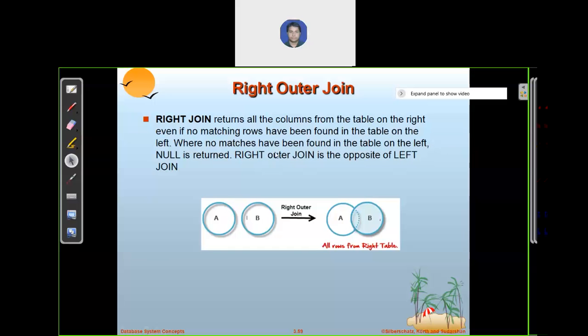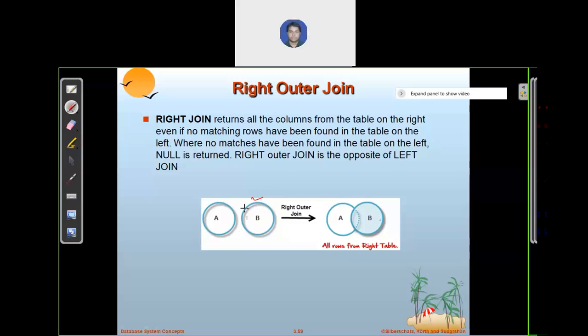It is the same as the left outer join, but in this we take all the records present in the right-hand side relation and match them with the left-hand side relation. If it is present, then write into your resultant relation. If it is not, then the corresponding value is set as null.